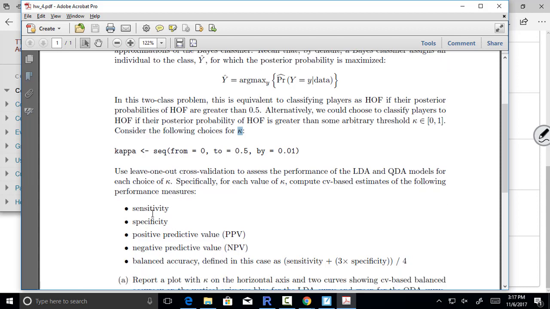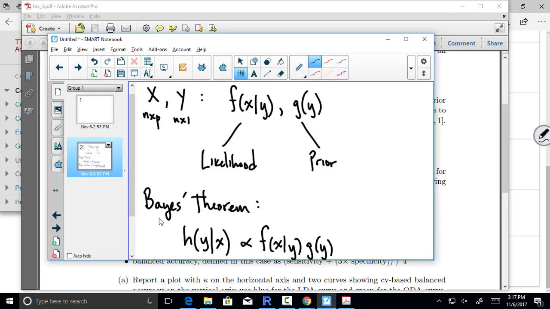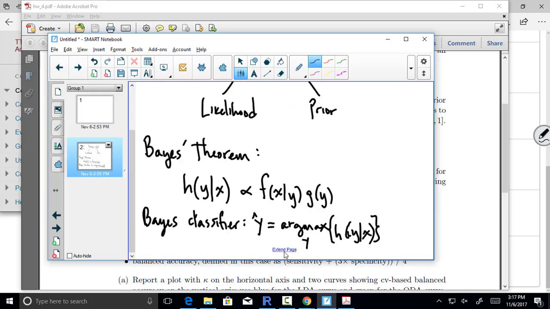I ask you to give me some specific error rates in the problem. For each choice of kappa, tell me a handful of different ways that you can characterize the accuracy of your model. With classification, there are multiple ways to define accuracy.